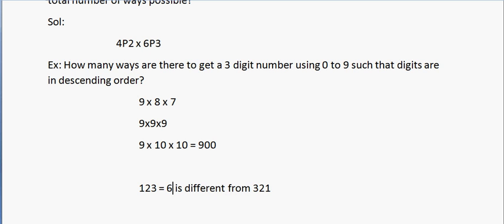Out of these 6 ways, only one is required, the rest 5 are not required. So if the total number of 3-digit numbers is this, we have to divide it by 6 to get our answer.